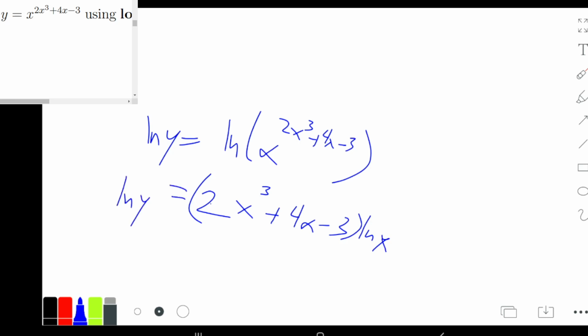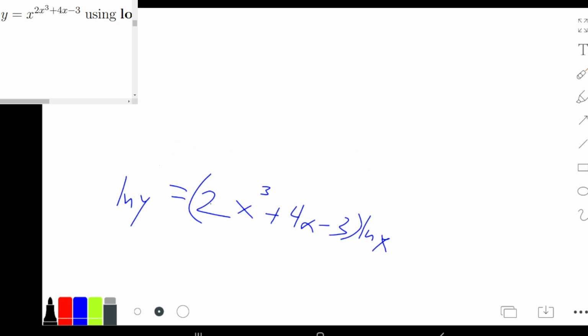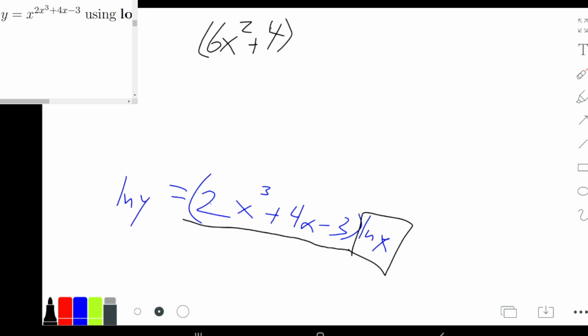So the derivative of ln y here is a derivative that we need to obtain by using the product rule, because we have one function times another. The derivative of that first function is just 6x squared plus 4, and the minus 3 goes away. And we leave ln x totally alone.